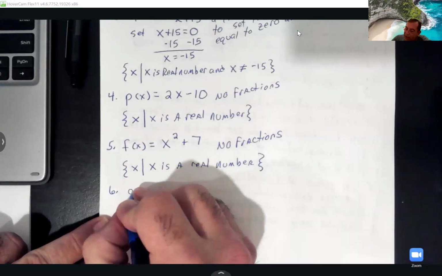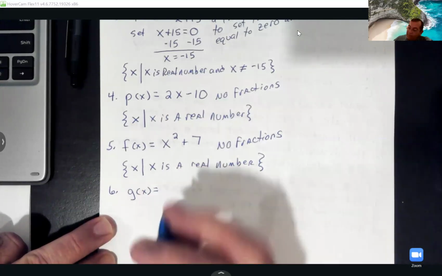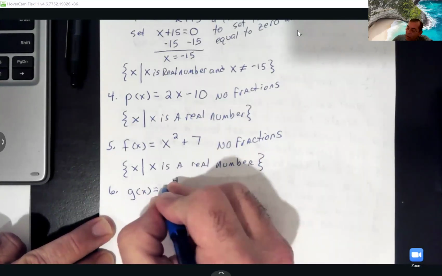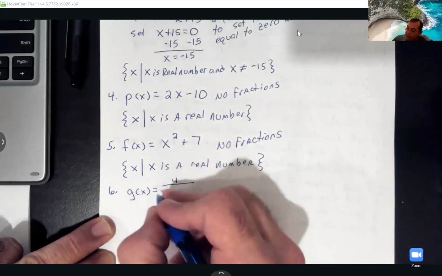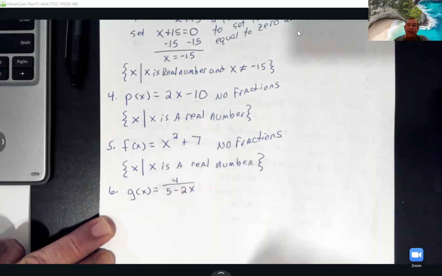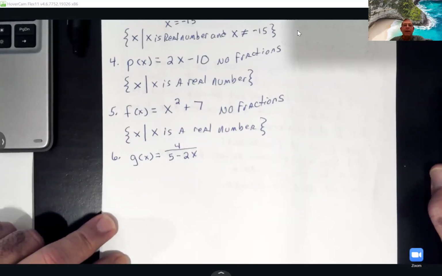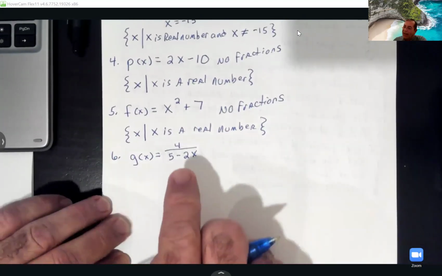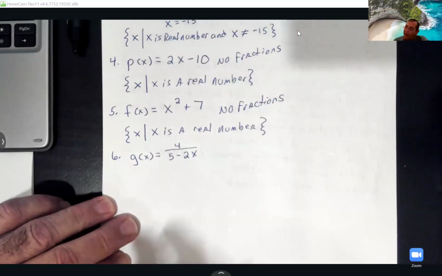All right, I got a g of x equals 4 over 5 minus 2x. All right, well, you see what we got. We got a fraction like we had up there at number 3.